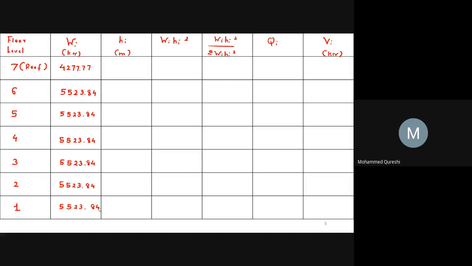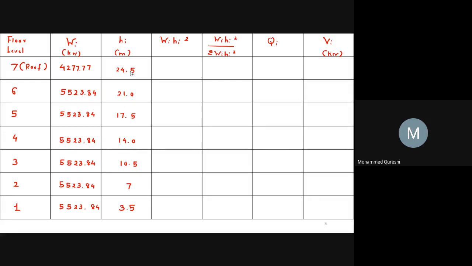Now height, as the story height is given in the data 3.5 meter, so for second it will be double, 7, then 10.5, then 14, then 17.5, then 21, and for entire building it will be 24.5.